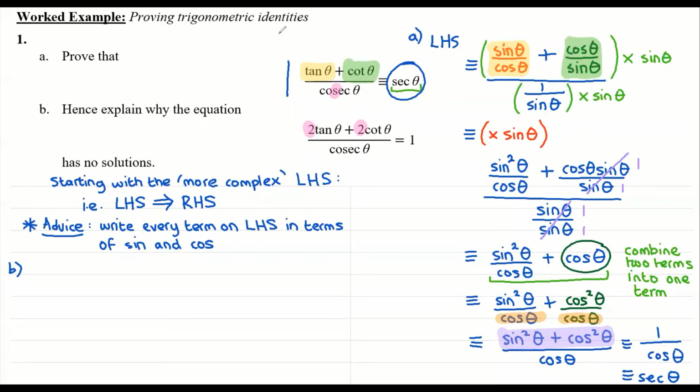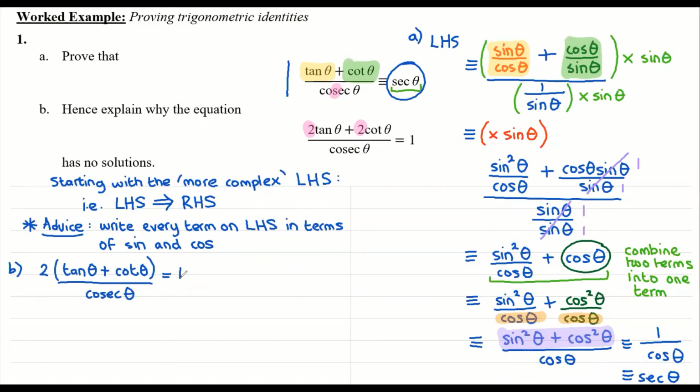Now, if I just sort of emphasize that in part B, I can factor out the 2. So we've got 2 multiplying tan theta plus cot theta. Okay, and that's all divided by cosec theta. And apparently this is going to equal 1.